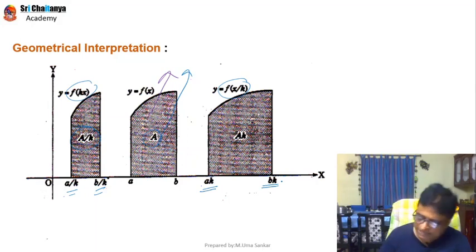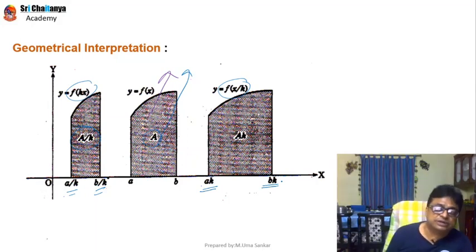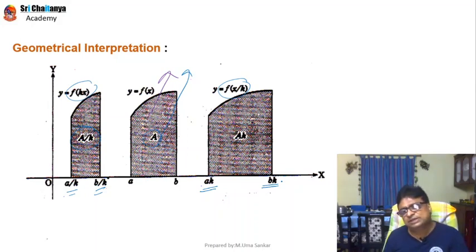So, with this, my suggestion is, please concentrate on how to draw, if you know log x, how to draw log x by 10. If you know log x, how to draw log 100x. If you know tan x, how to draw tan 5x. If you know tan x, how to draw tan x by 3.